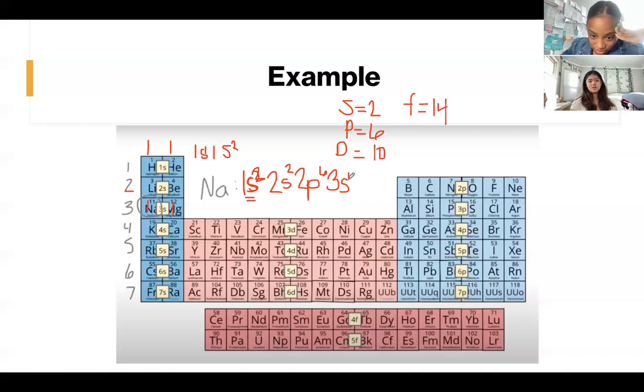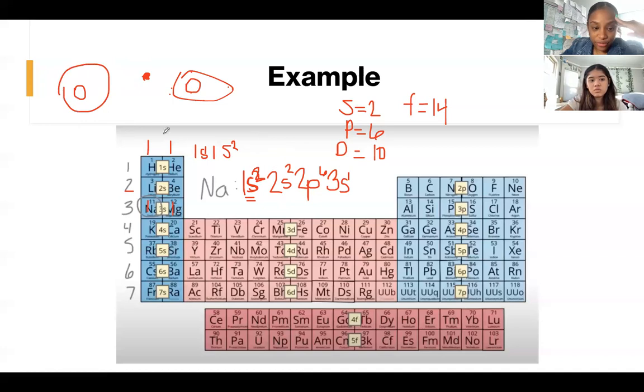Wait, can you explain that part one more time? I'm so sorry. Oh wait, I do get it. It's the place where it's at. So say we were trying to find magnesium, would it be 3s2 because it's in the second place? Yes. And the reason why this is 3s1, let me explain. This is the Bohr model, right?